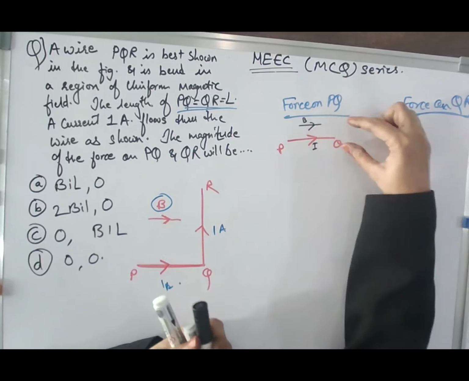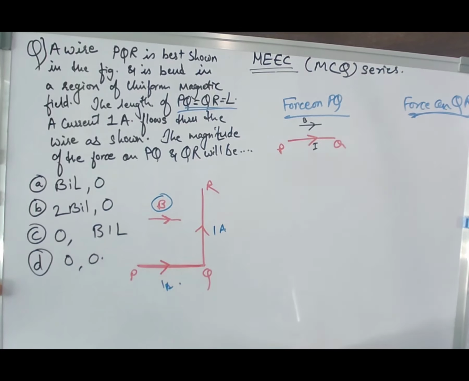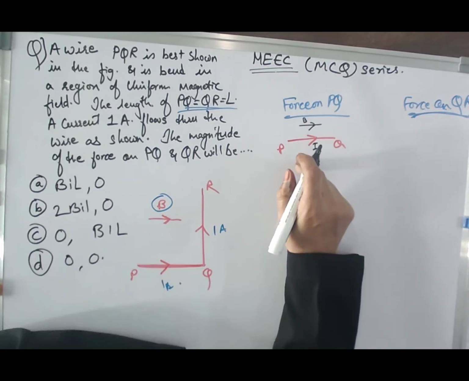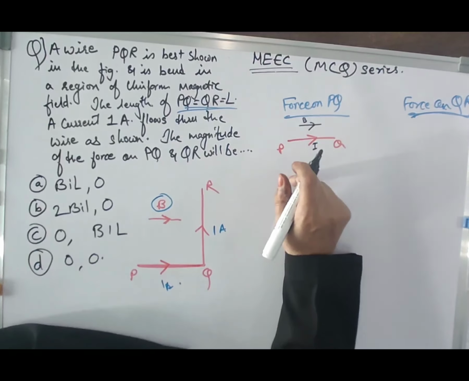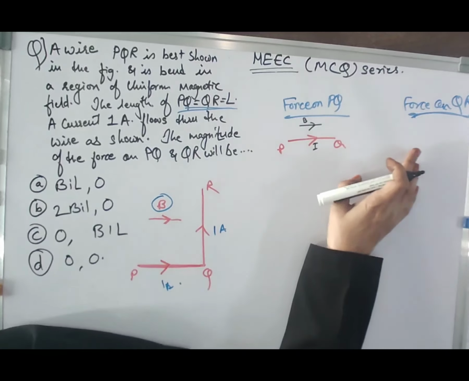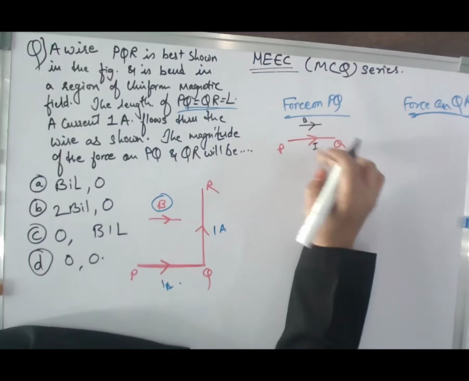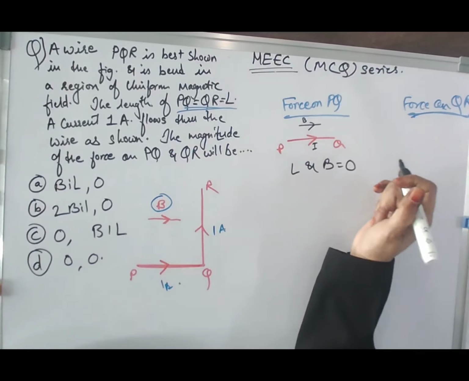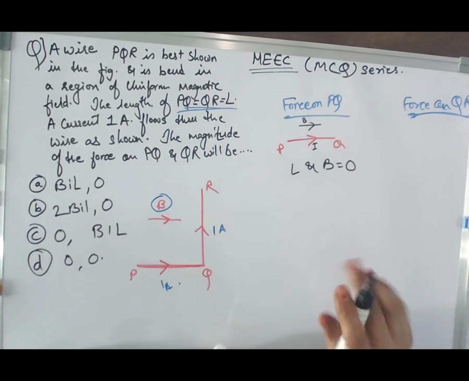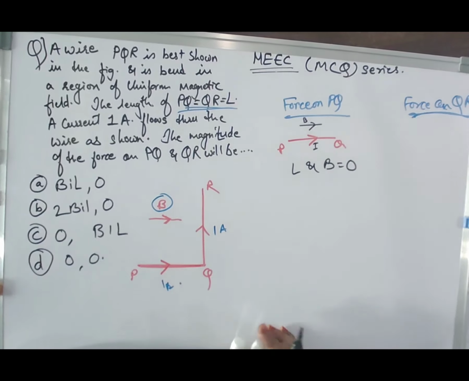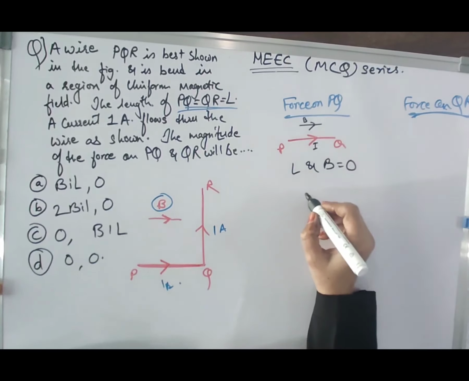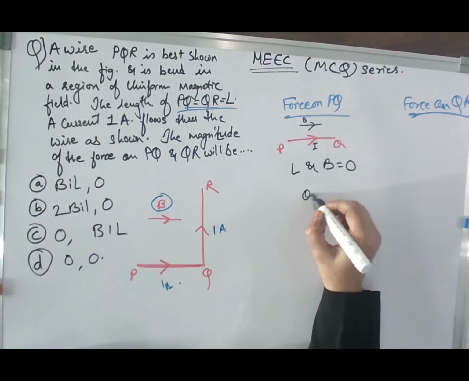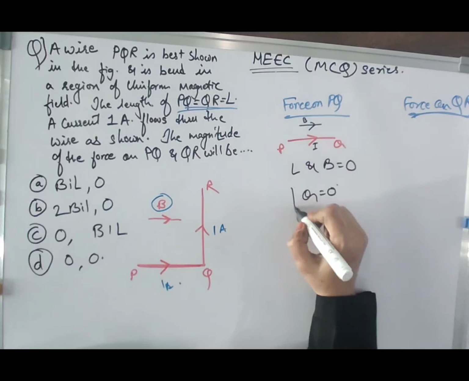In this condition, the angle between L and B is 0, because between two parallel lines there is no angle at all. So here the angle theta is equal to 0 degrees.